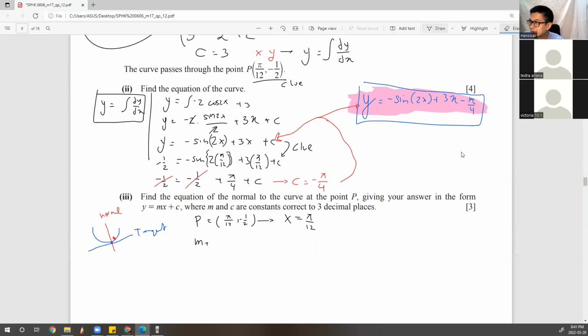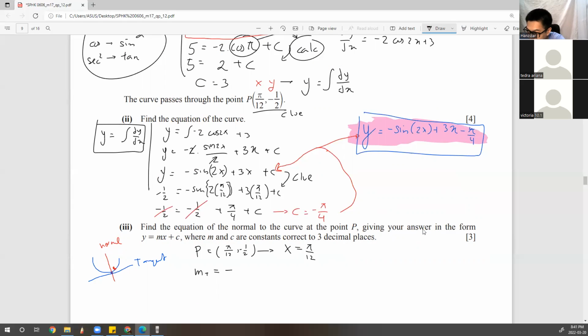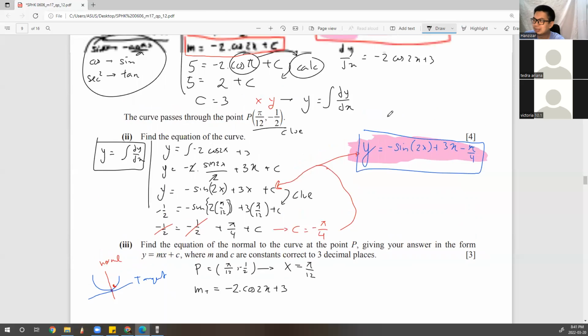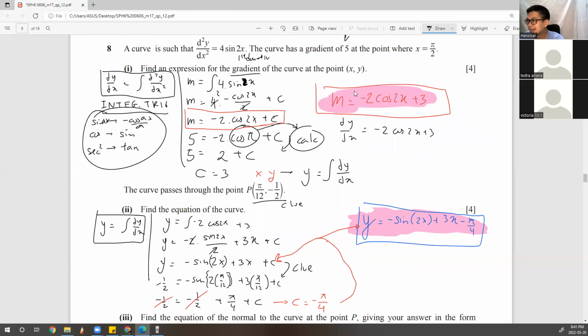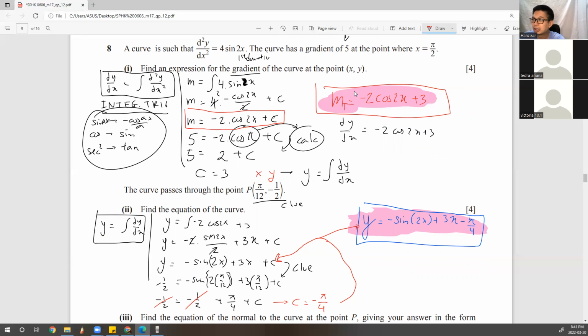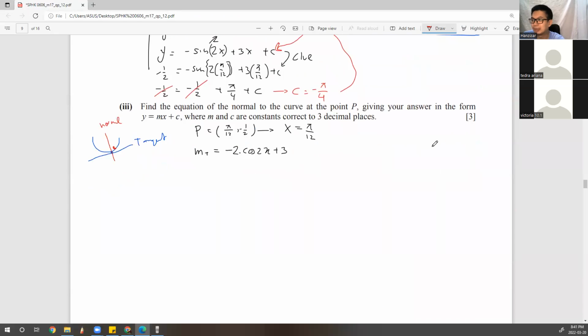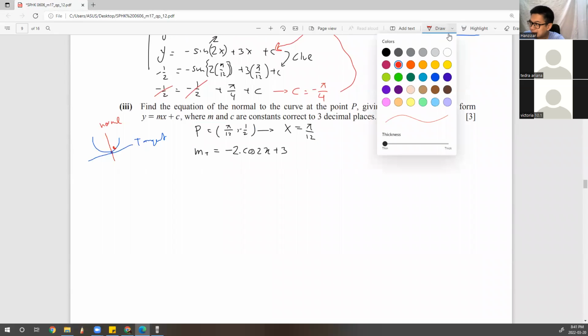So you are combining question part 1 and question part 2. It's negative 2 cos 2x plus 3. Still a tangent. Be careful, because the general rule here is the equation of the tangent, not the normal. Normal means you have to put the negative reciprocal later on. Substitute the x with pi over 12.